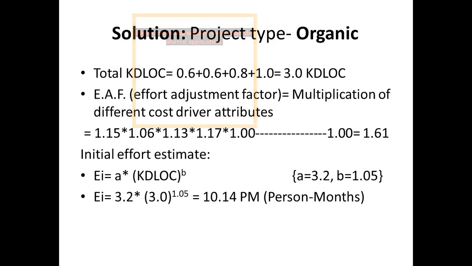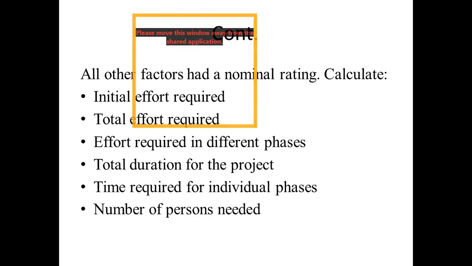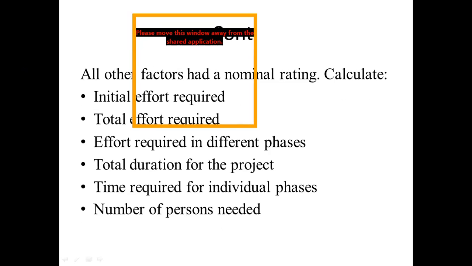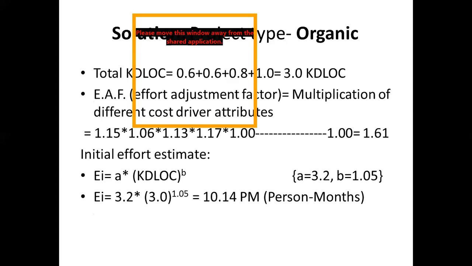Yes, you are right, because the size is also small, total KDLOC, and this is a small automation project. It is already provided here. With a little bit of idea, you can easily judge the type of the project. So this is organic. You are right.